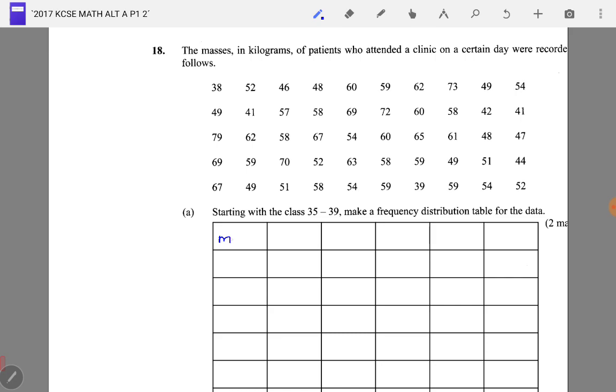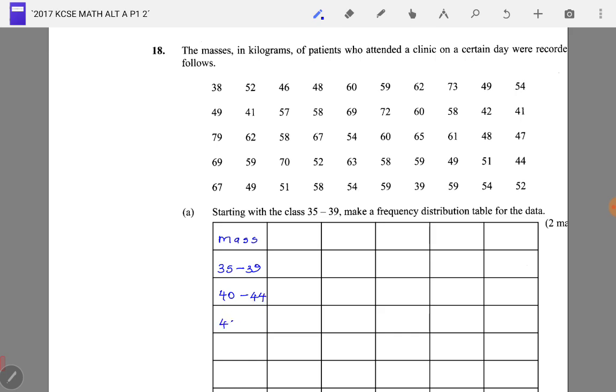We call it mass. The first class is 35 to 39. Because the class width is 5, the next class will be 40 to 44, so that it has the same class width as the one given.